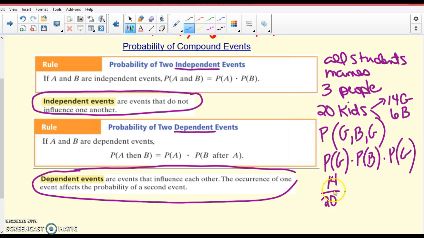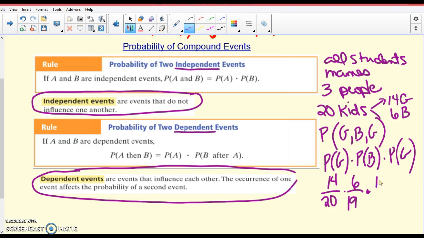Now, after I pick the girl, what's the probability that I'm going to get a boy? Yes, there are still 6 boys in the hat, but there are only 19 slips of paper left in the hat. Now, I put that boy's name here because he's already on the committee. What is the probability that the third person I pick is a girl?